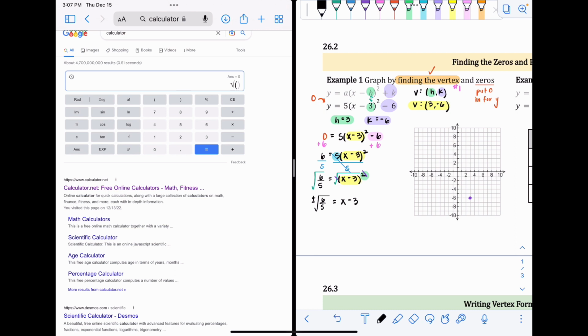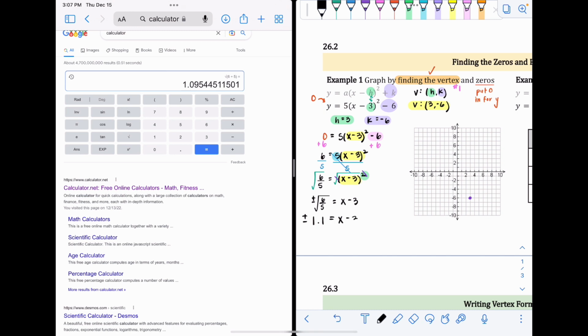And then to type in 6/5, I would do 6 and then divided by 5, because fractions are just like dividing, so 6 divided by 5 is the same thing as 6 over 5. And then I would click equals, and that's about, we'll say, 1.1. So 1.1, and this is going to be a positive or a negative 1.1.